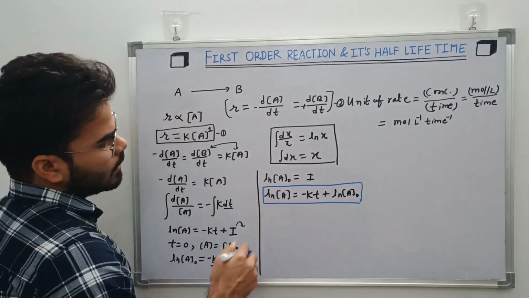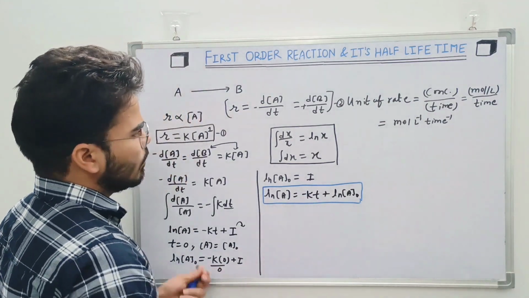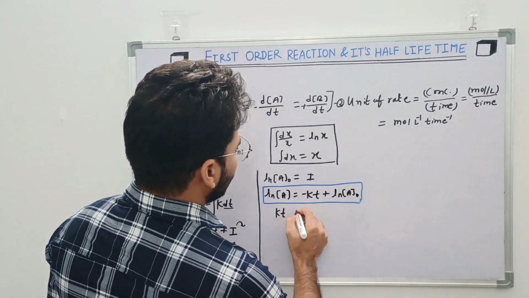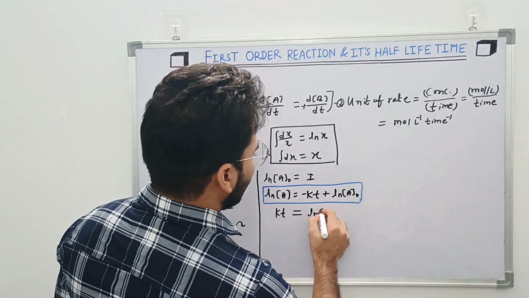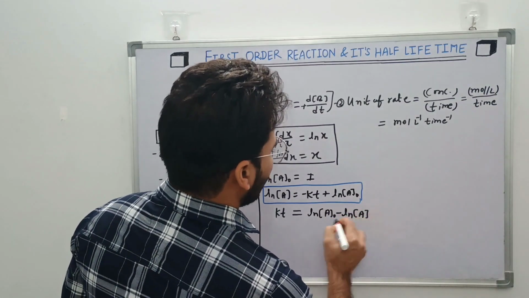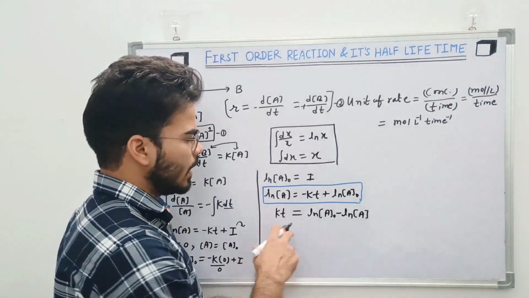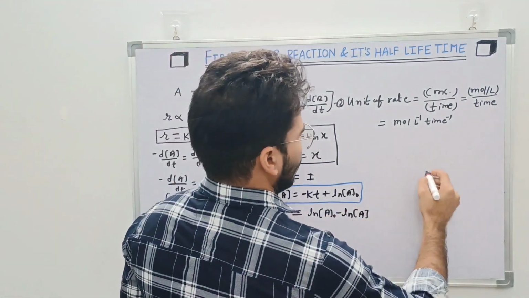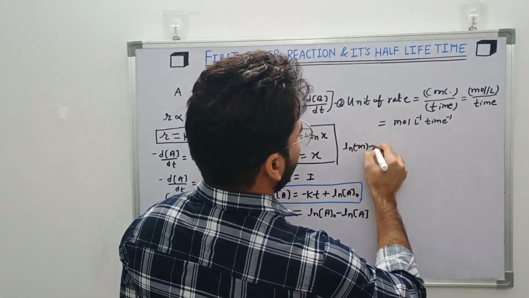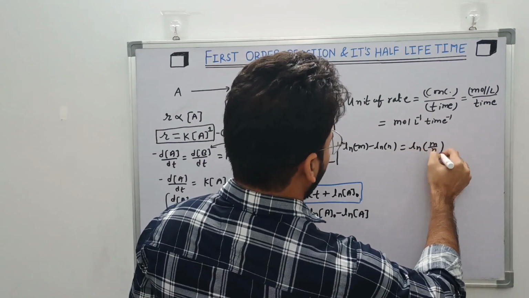We can also write this rate constant expression in another form. When we write the kt term on the left side, this will be ln A0 minus ln A. We can use the logarithm formula ln m minus ln n is ln m upon n.